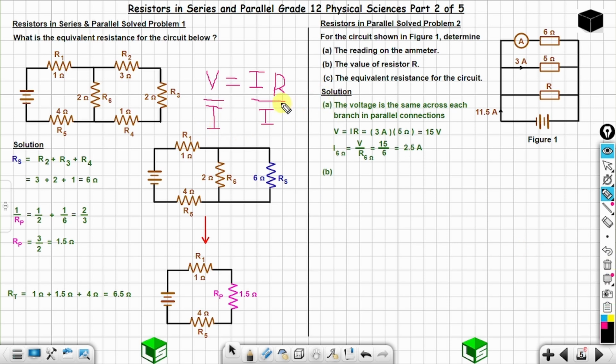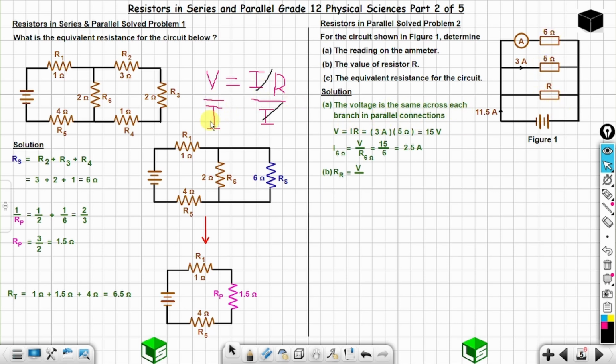Now you can cancel. Now you have R alone. So the value of resistor R is equal to V over I. Now V is the same. Remember, V is the same across each branch.